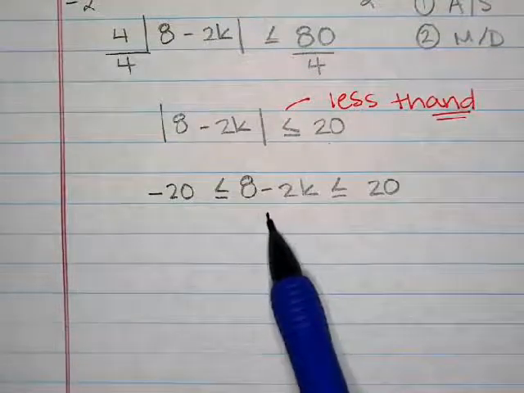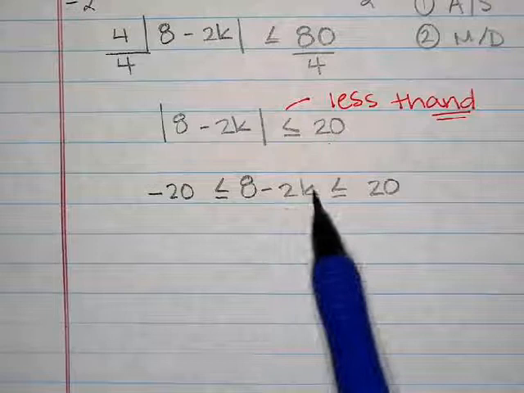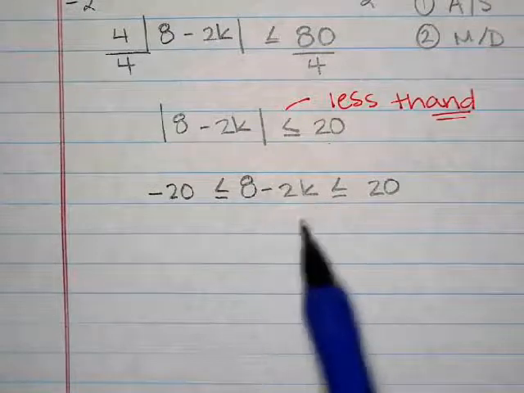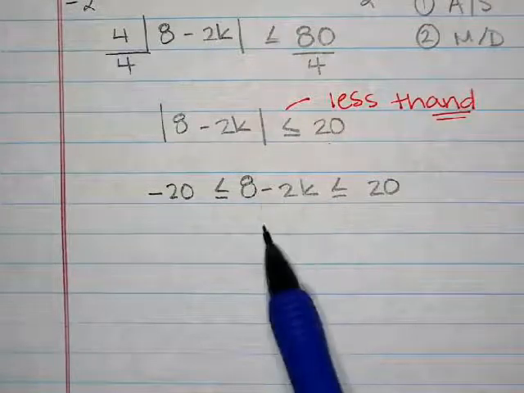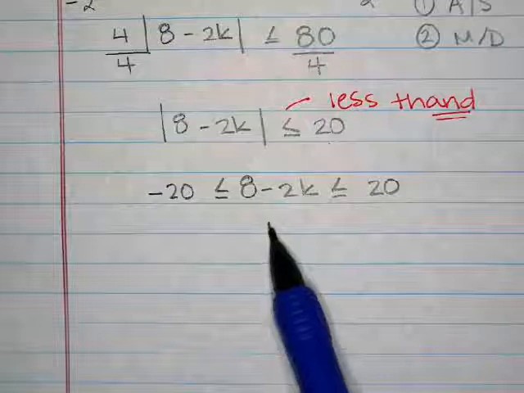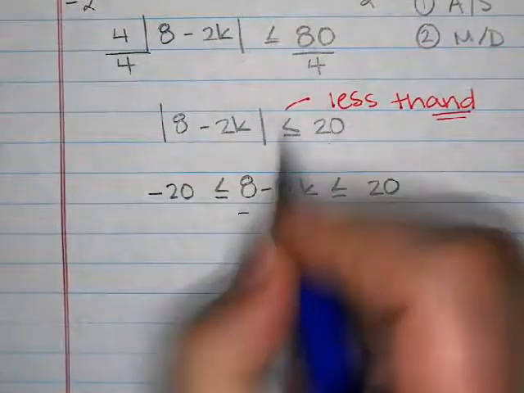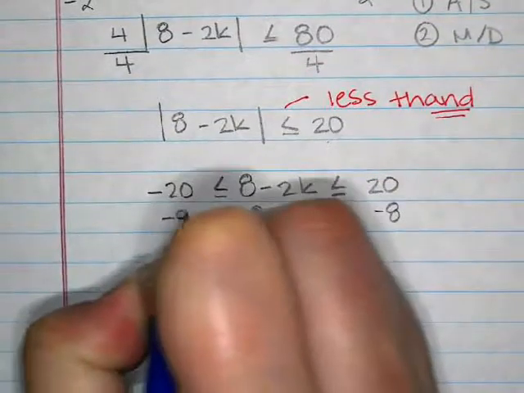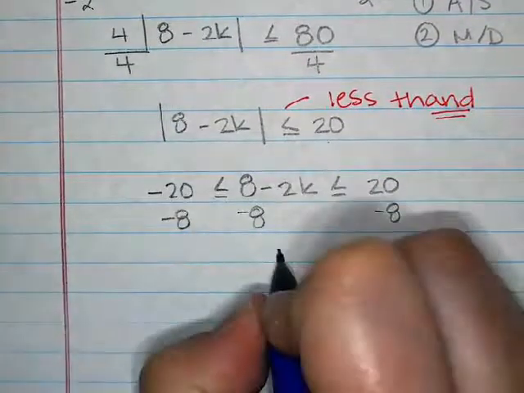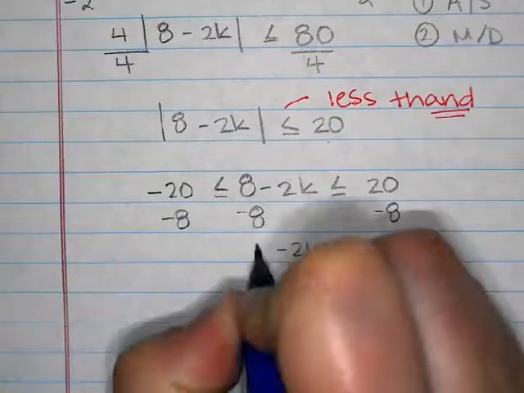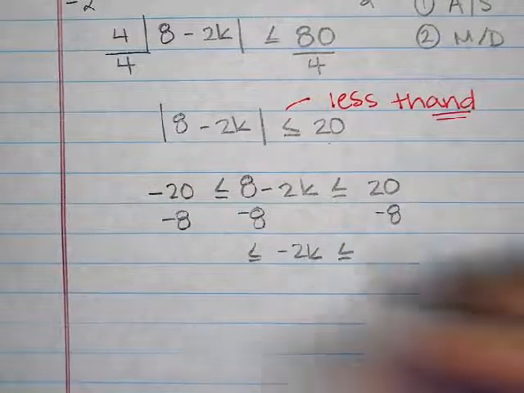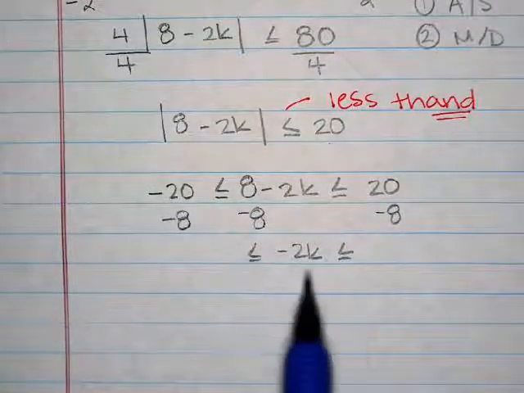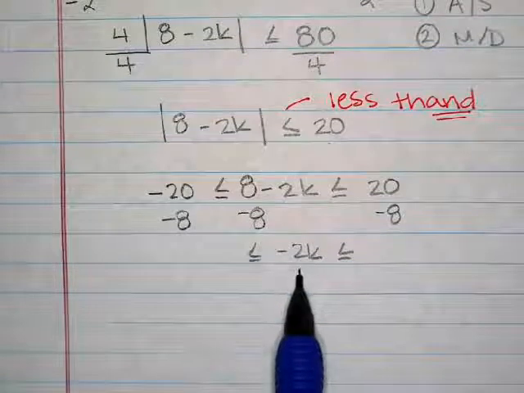And then in here, if I want to get the k alone, what do I need to do? Subtract the 8. Okay. And so negative 2k is now in between which numbers?